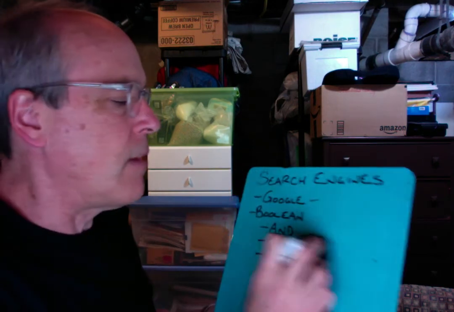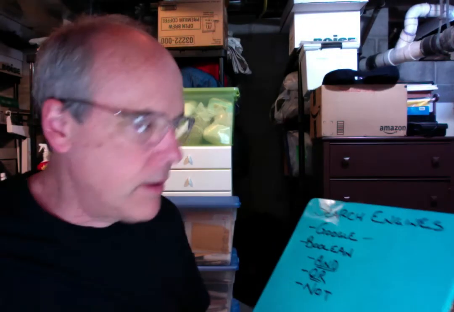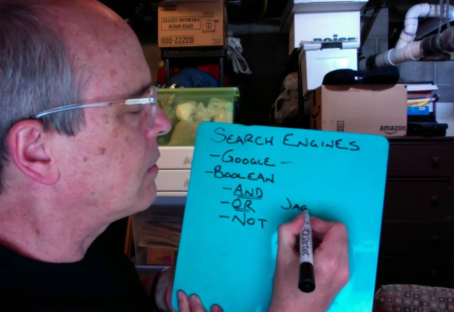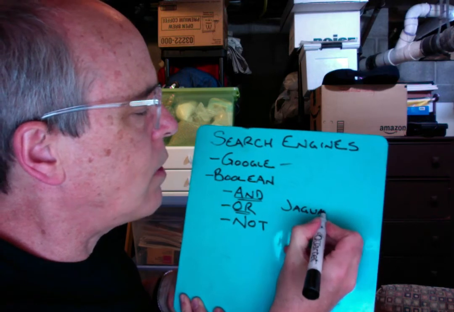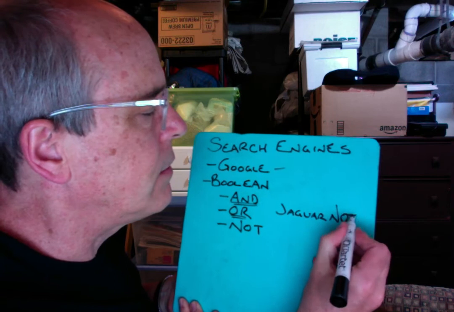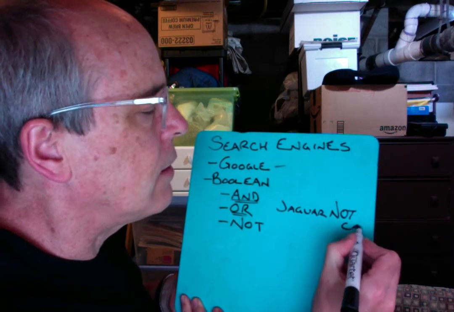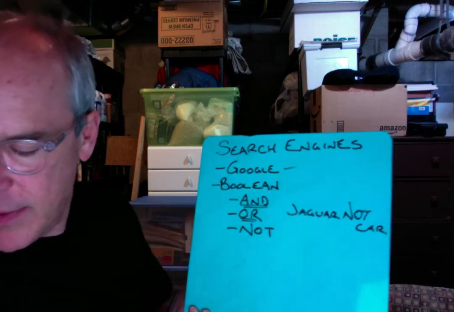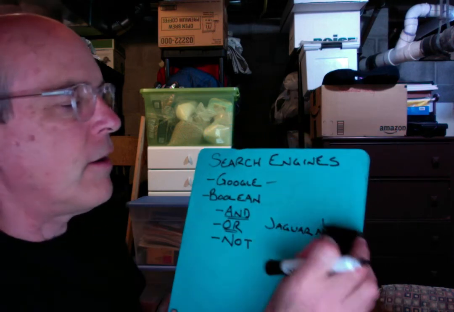Here was a good example that I saw. Jaguar NOT car, right? You're looking for the animal. You can eliminate car that way.